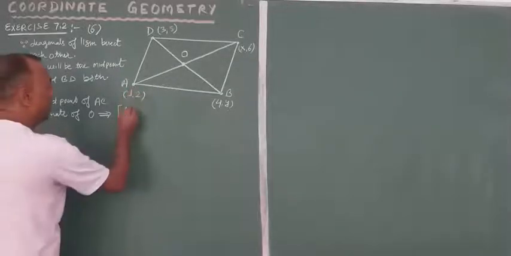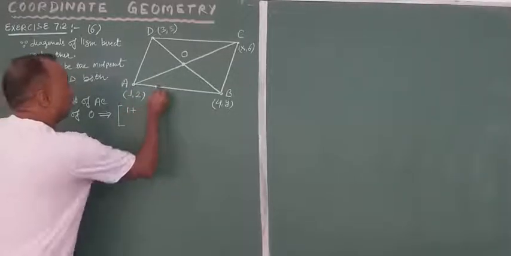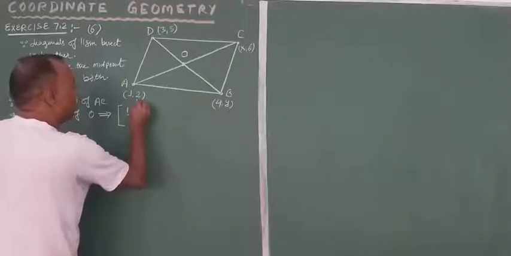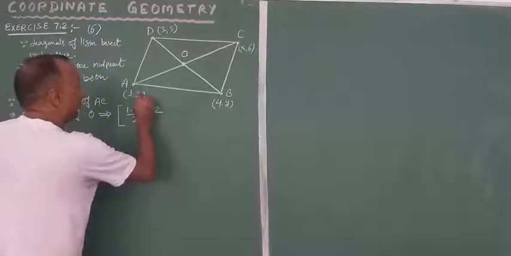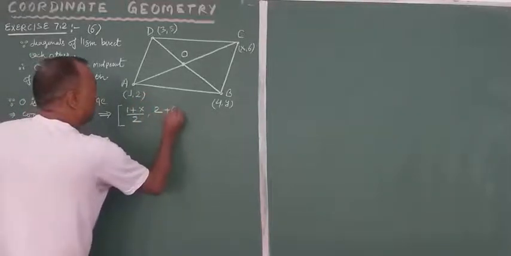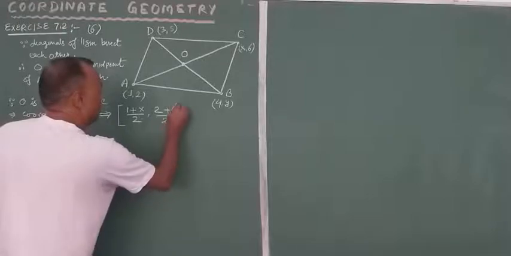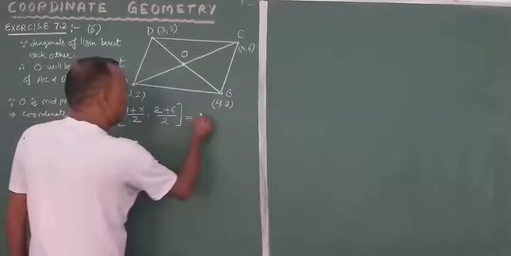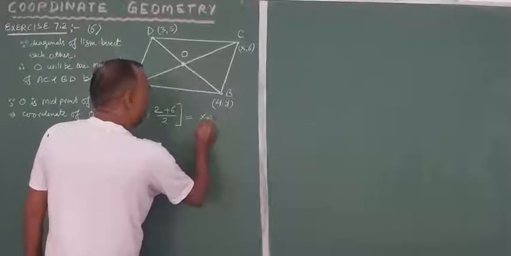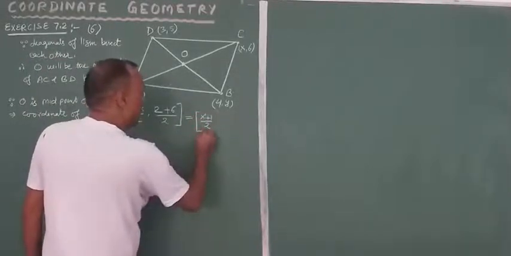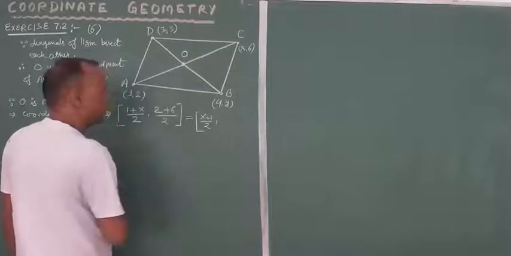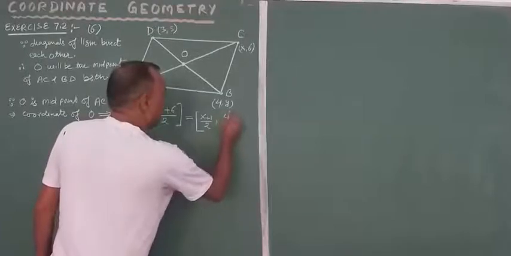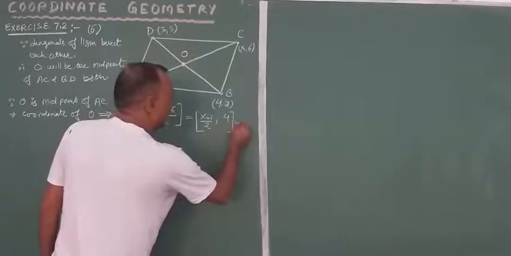So that is (1 plus x) upon 2, comma (y1 plus y2) upon 2, (2 plus 6) upon 2. So what is the coordinate of this one? Just write in order. This will be (x plus 1) upon 2 and this is 8 upon 2, or you can write here 4. This is equation 1.